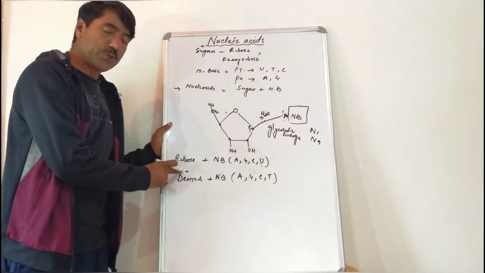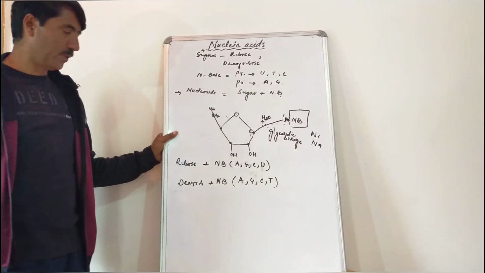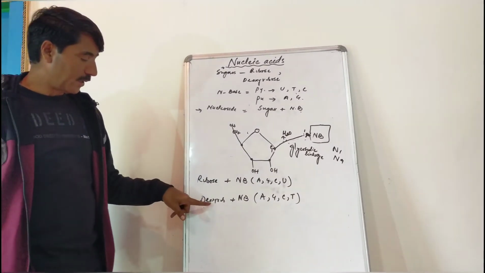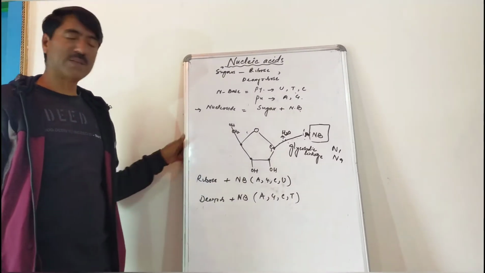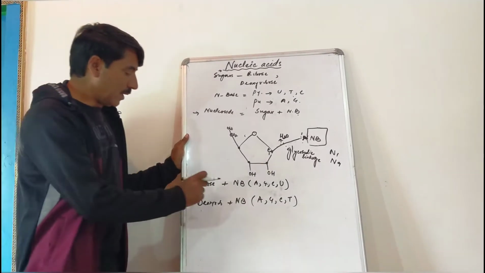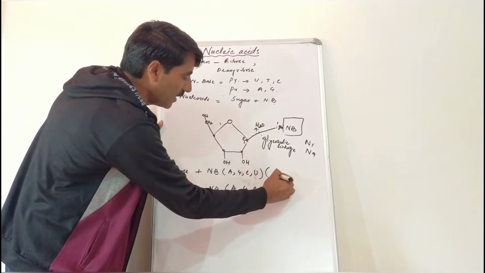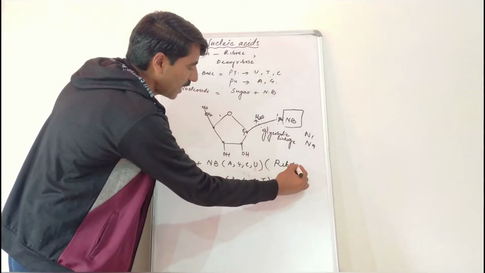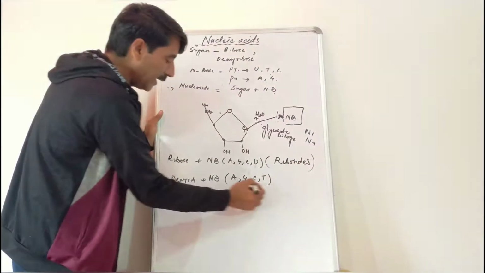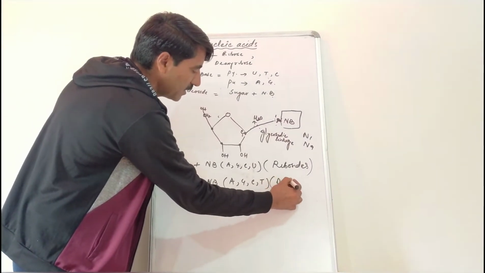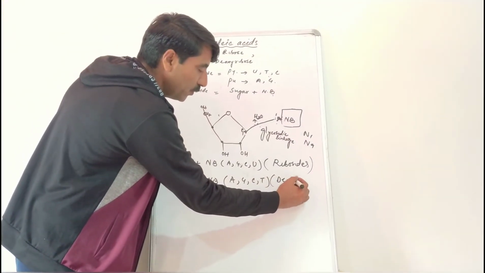Now this ribose sugar is present in one of the nucleic acids, that is called ribonucleic acid or RNA, and this deoxyribose sugar is present in the DNA. Now here, these nucleosides are called ribonucleosides or simply ribosides. And these nucleosides would be called deoxyribosides or deoxyribonucleosides.